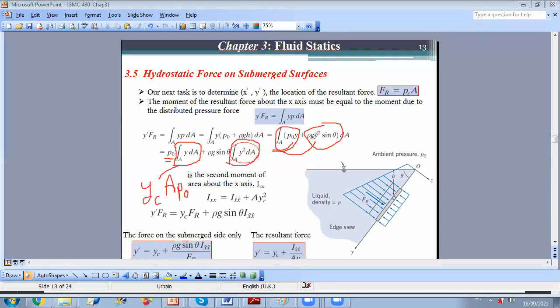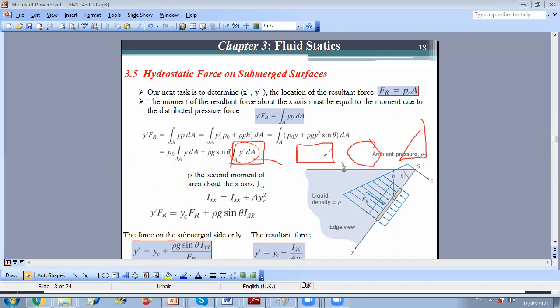The integral of this term، أول شيء rho g sin theta constant. So I can take it outside of the integration. بيبقى لي this term integral y square dA. هيدي الانتجرال اسمها second moment of area about x-axis. وهيدي الانتجرال أنا بعطيكم إياها، يعني بعطيكم نحن common shapes: rectangle, square, triangle. كل shape عندها its own formula for the second moment of area. أوكي؟ يعني نحن إذا عندنا general shape مجبورين نعمل integration procedure. ساعتها مفروض يعطونا ال equation of the surface وفينا نعمل لها integration over the area. أوكي؟ بس نحن in general for this course، as I told you، نعطيكم common shapes.